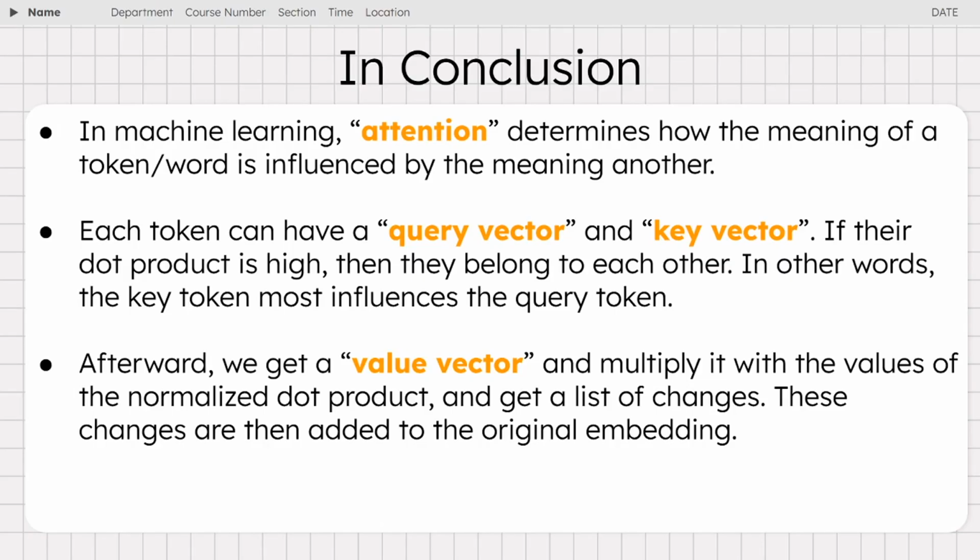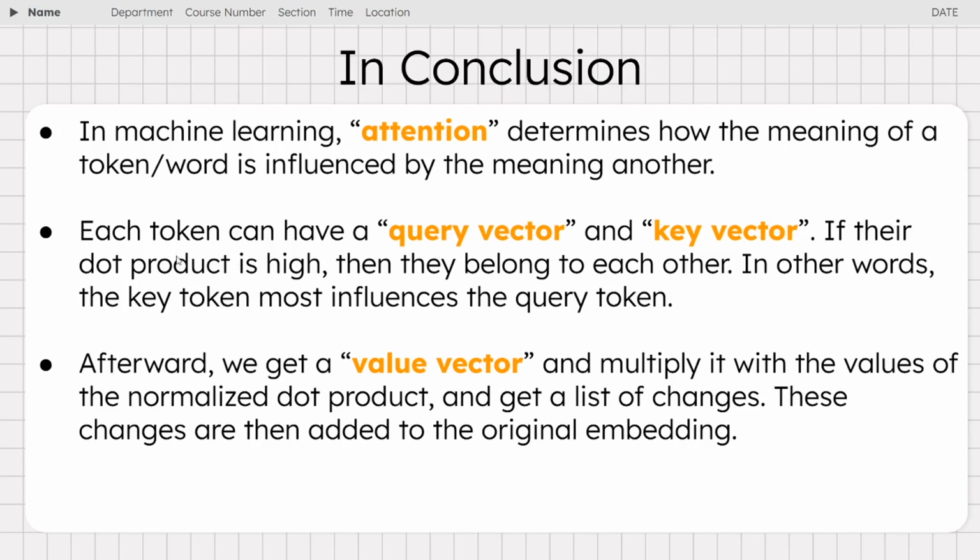In conclusion, in machine learning, attention determines how the meaning of one token or word is influenced by the meaning of another. As we saw in the previous slides, each token can have a query vector and a key vector that we obtain from multiplying the respective matrices with the embedding.